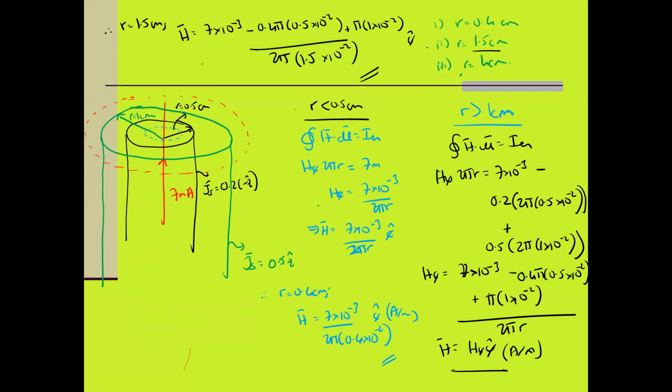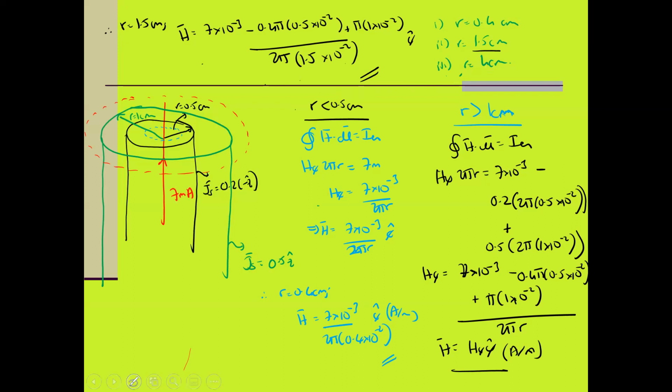Okay, and for the third problem, which is at 4 centimeter, I think the third one is similar to the second one, in which 4 centimeter is located outside the 1 centimeter radius cylindrical structure. So for the third one, we simply use a similar H field intensity expression, but substitute R as 4 centimeter.